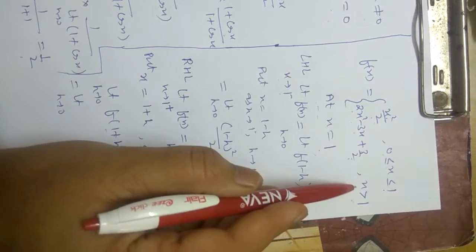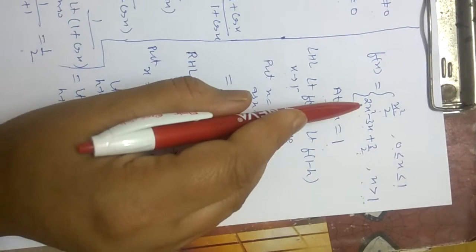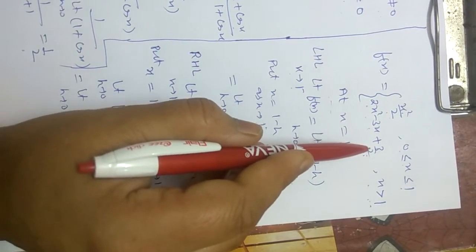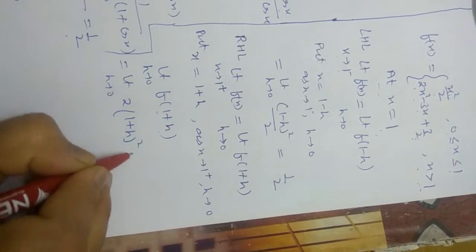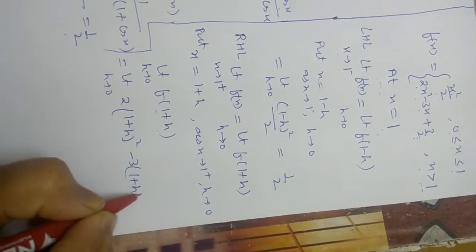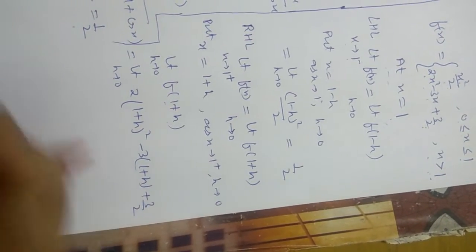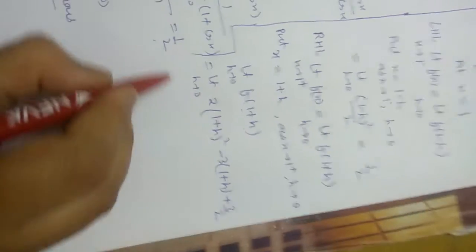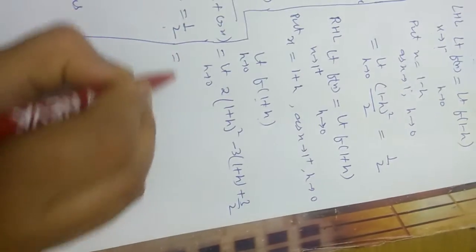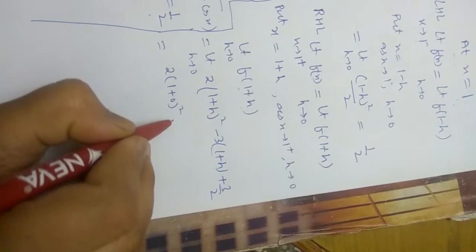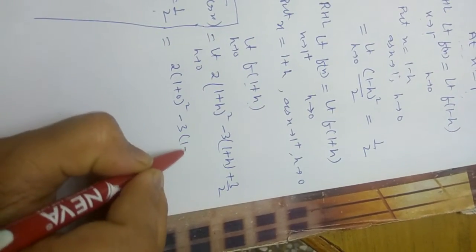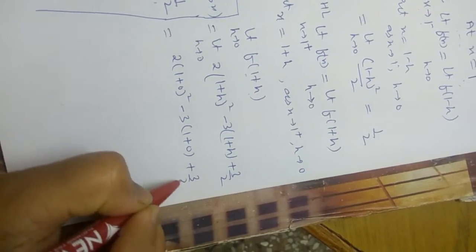In the case when x is greater than 1, the function is 2x square minus 3x plus 3 by 2. Substitute here 2 into (1 plus h) whole square minus 3 into (1 plus h) plus 3 by 2. And now substitute h is 0. It becomes 2 into (1 plus 0) whole square minus 3 into (1 plus 0) plus 3 by 2.